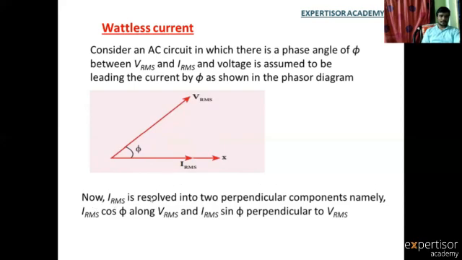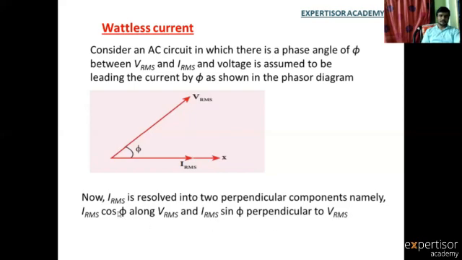Now root mean square current is resolved into two perpendicular components, namely IRMS cos phi along VRMS and IRMS sin phi perpendicular to VRMS.